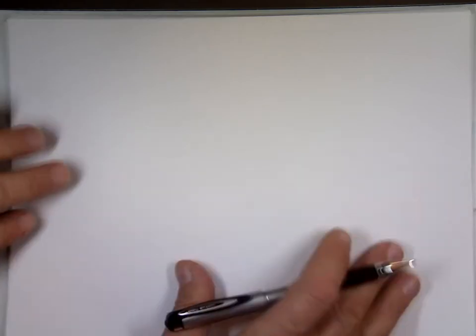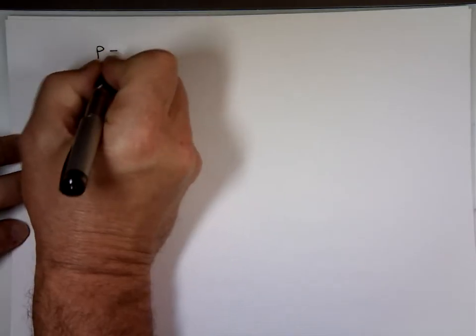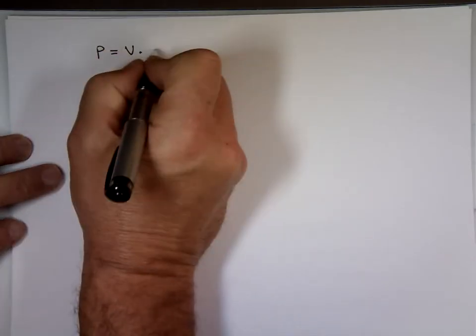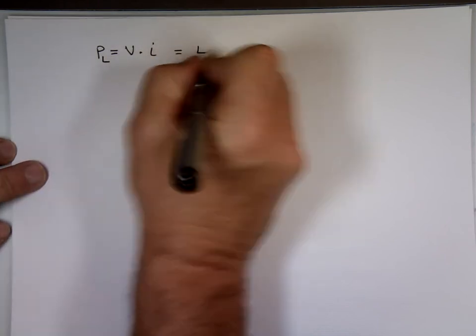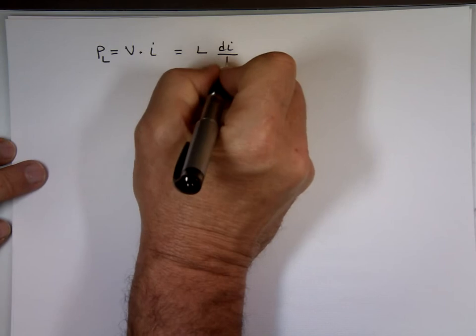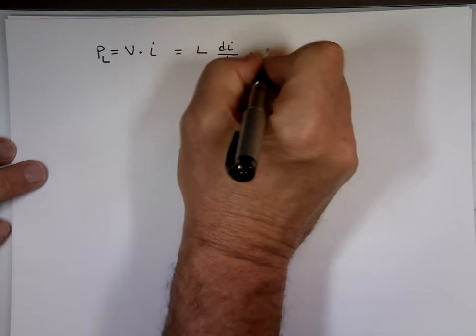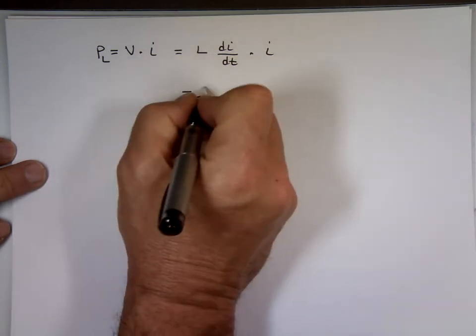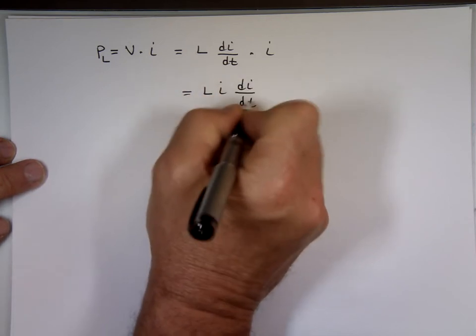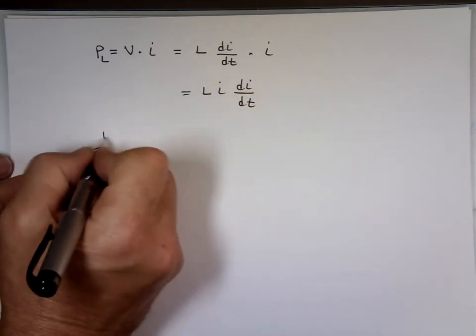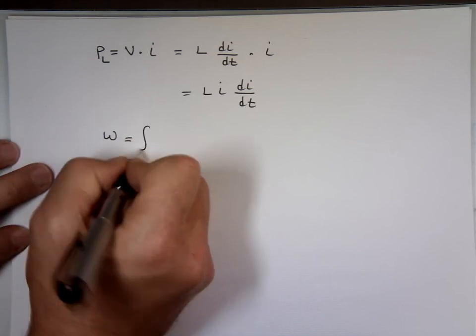We said the power is V times current. V is what? L di/dt times i. So the power is L i di/dt. Energy is the integral of the power.